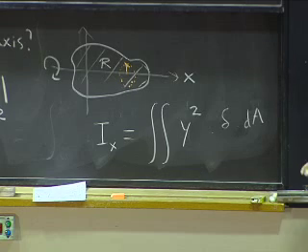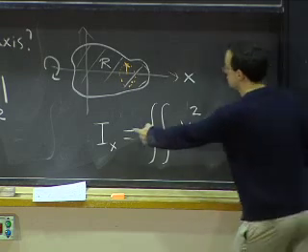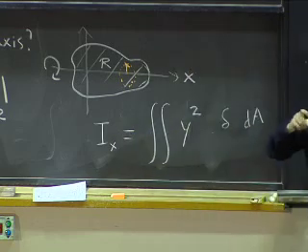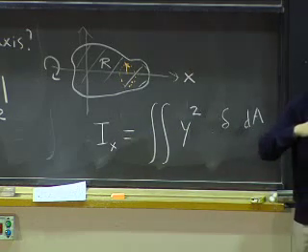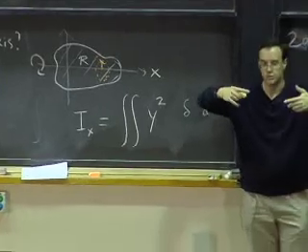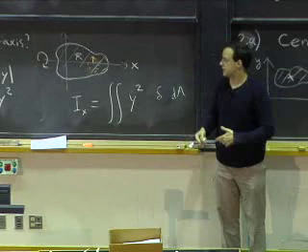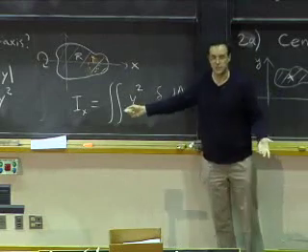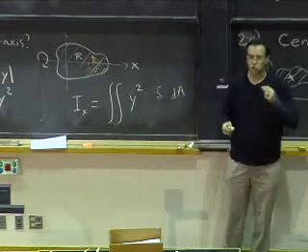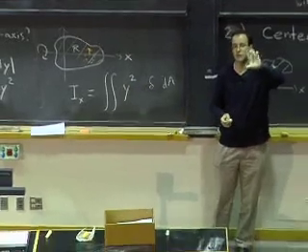It's slightly strange that I have y in the inertia about the x-axis, but if you think about it, y tells me how far I am from the x-axis, so how hard it will be to spin around the x-axis. And I could do the same about any other axis that I want, just I would have to sum the square of the distance to the axis of rotation.